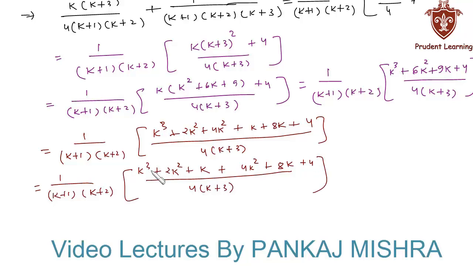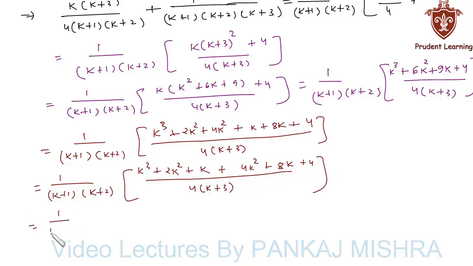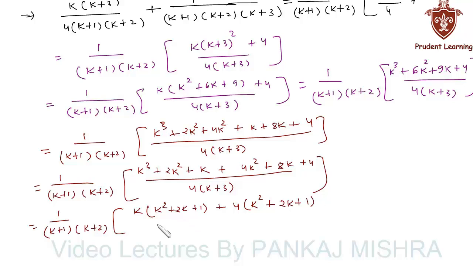Well, in the numerator we have k common in the first 3 terms and 4 common in the last 3 terms. So we can write it as 1 upon k plus 1 into k plus 2 into, taking k common, we have k square plus 2k plus 1 plus, taking 4 common, we have k square plus 2k plus 1, whole upon 4 times of k plus 3.